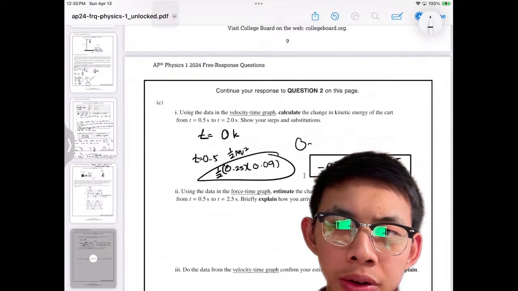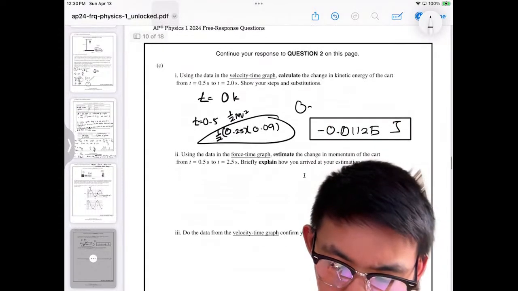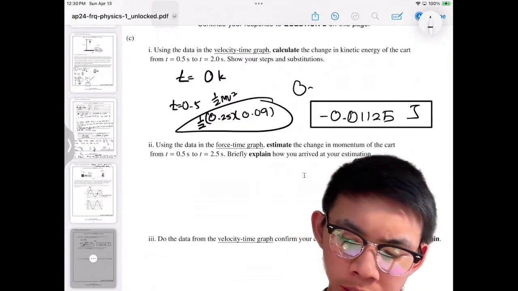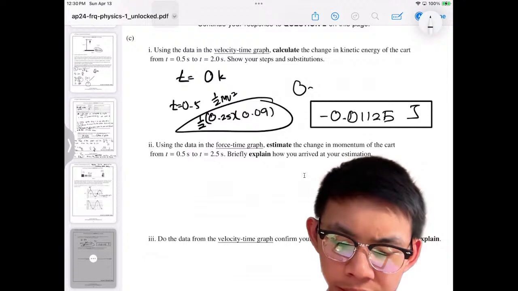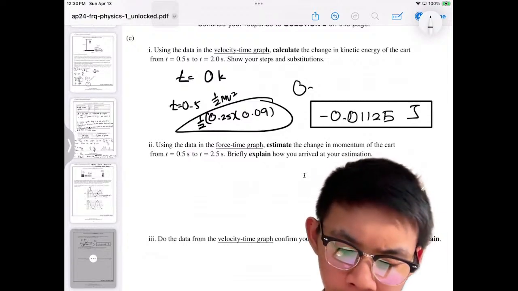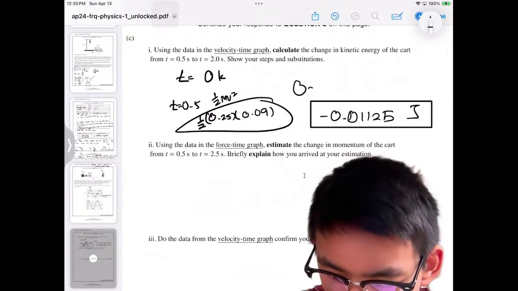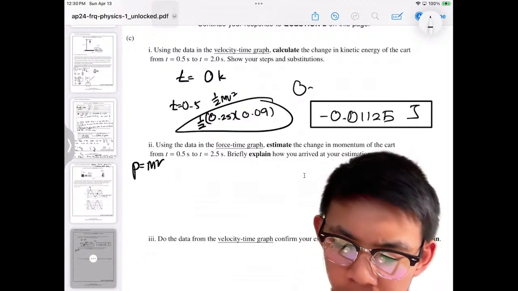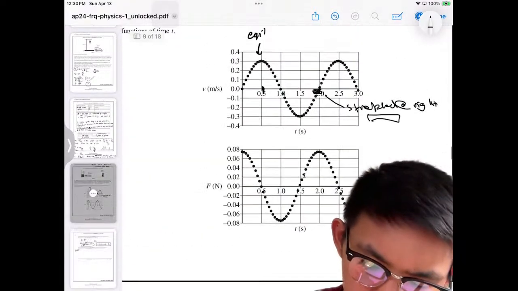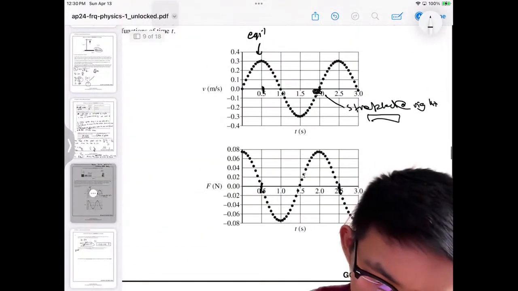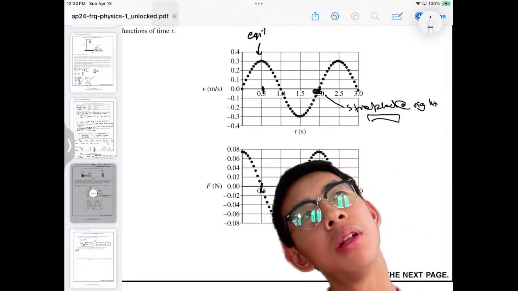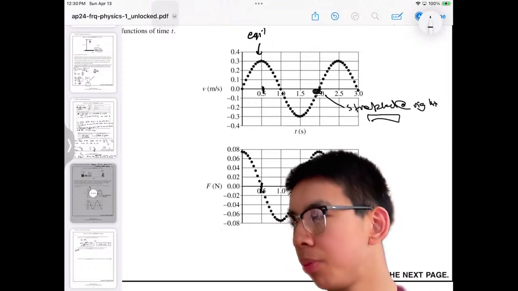Then C2. Using the data in this force time graph, estimate the change in momentum of the cart from t equals 0.5 seconds to t equals 2.5 seconds. Momentum is P equals mv.